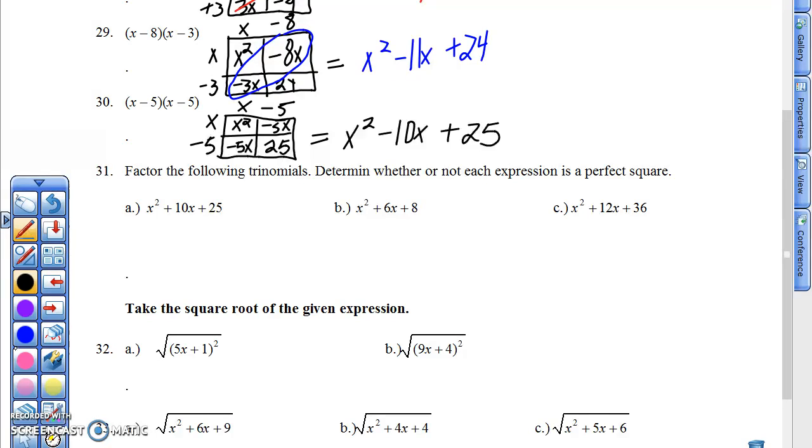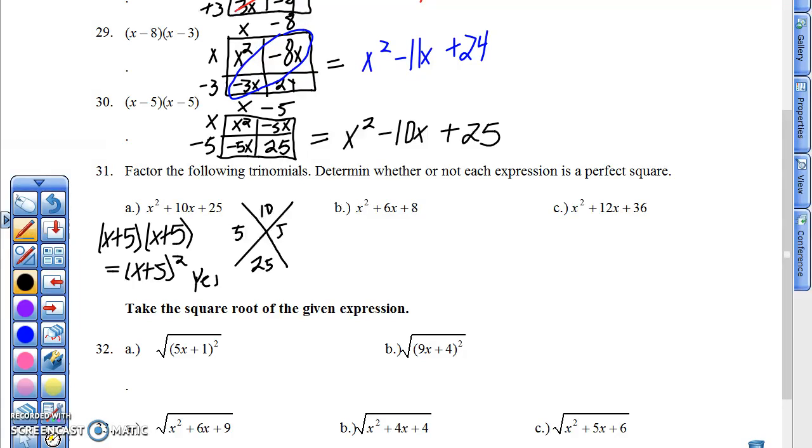31. Factor the trinomials. Determine whether or not each expression is a perfect square. In this case, factors of 25 that sum up to 10 would be 5 and 5. So x plus 5 times x plus 5, which can be written as x plus 5 squared.